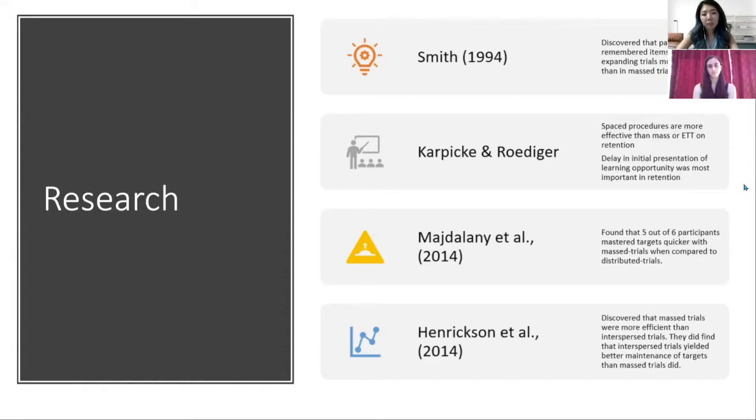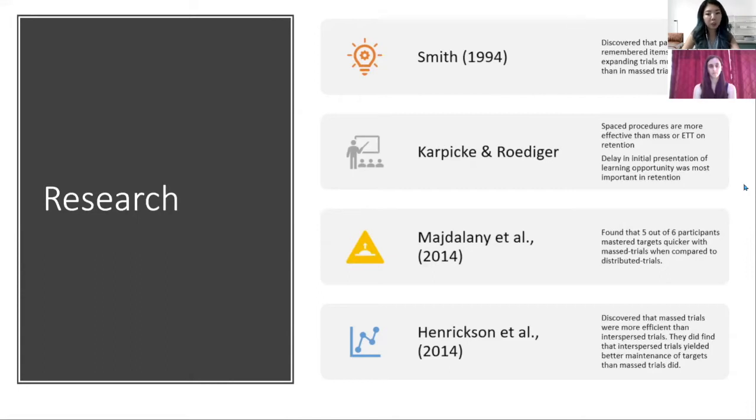They also emphasize that it is the delay in the presentation of learning opportunities that is the most important part for retention. Then, in the study by Magdaleni et al., out of their 6 participants, they found that 5 were able to master their targets more efficiently with mass trials when compared to distributed trials.